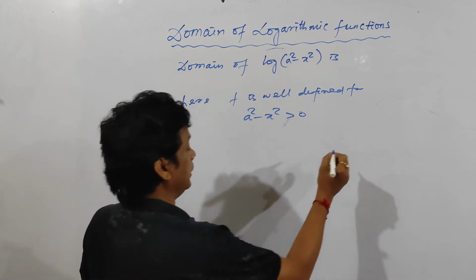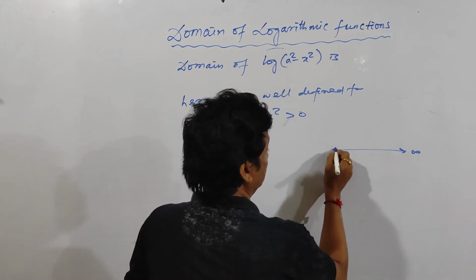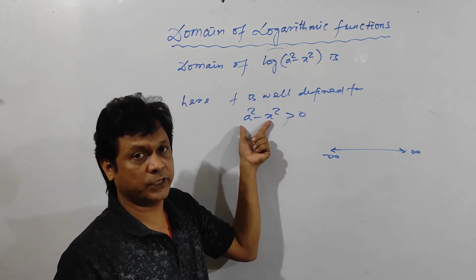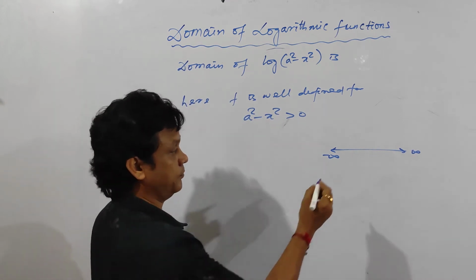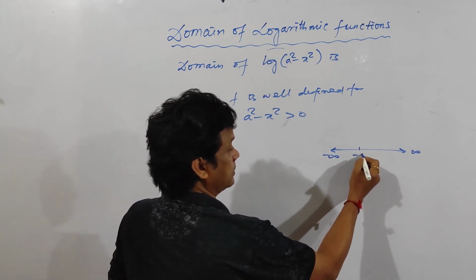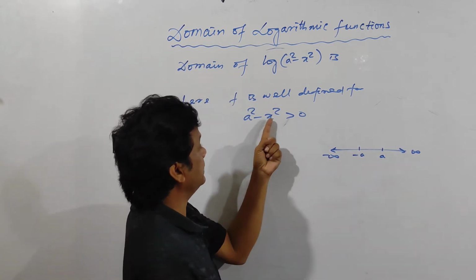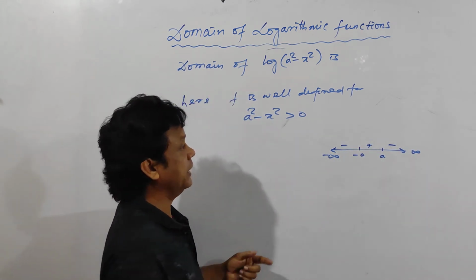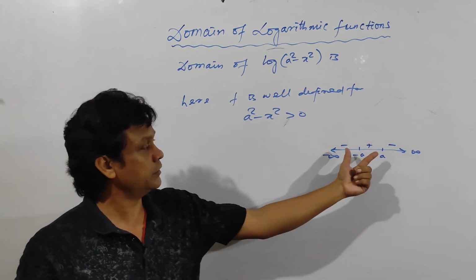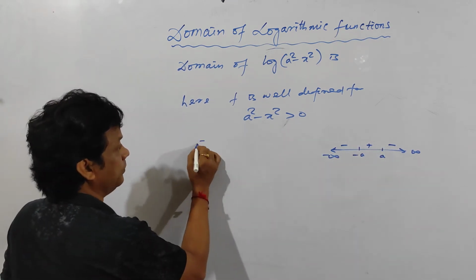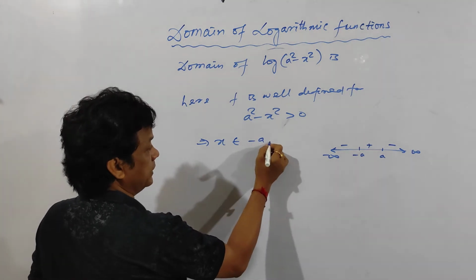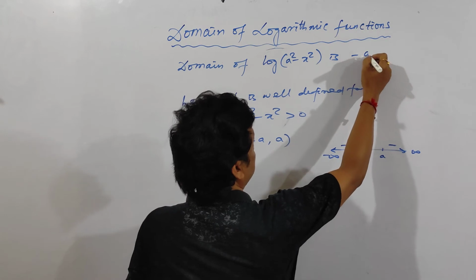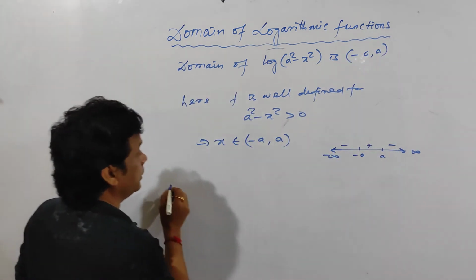I have told you, when you have this, a number line will do. This quantity equal to 0: a square minus x square equal to 0, so x is equal to plus minus a. So write it here minus a, this is plus a, and the sign of x square is negative. So put negative sign, then positive sign, then negative sign. And I have told you this quantity is greater than 0 means you should consider this part. So it implies x belongs to the open interval minus a to a. Therefore, the domain is minus a to a. Clear? I am giving some examples.